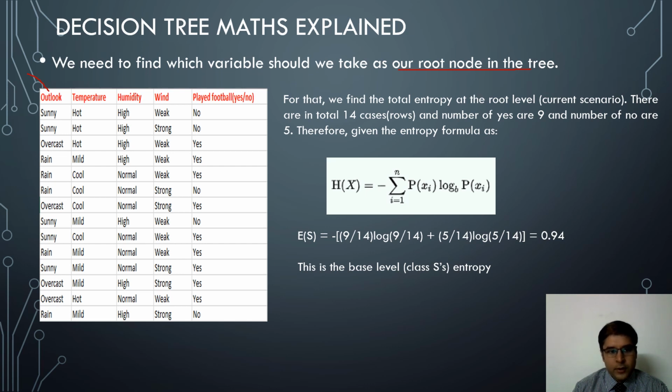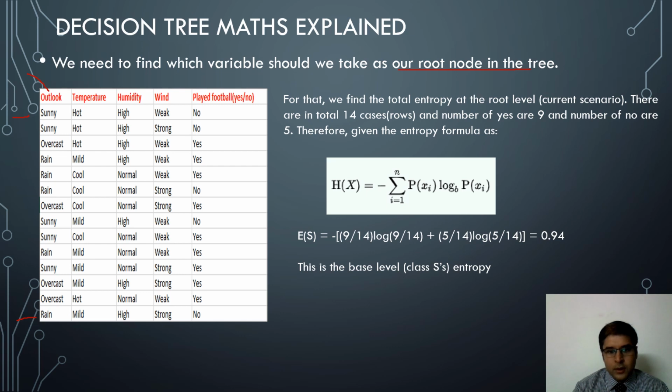Current scenario is the full table here. So you find the total entropy for this system. There are in total 14 cases or 14 rows here. You can count from here to here, and the number of yes are 9 and the number of no's are 5.